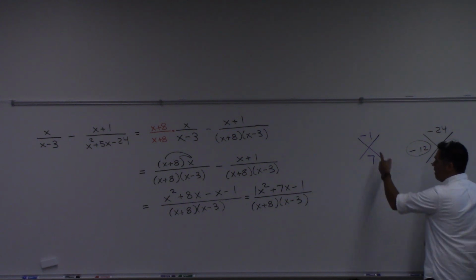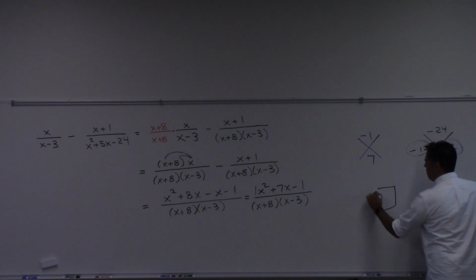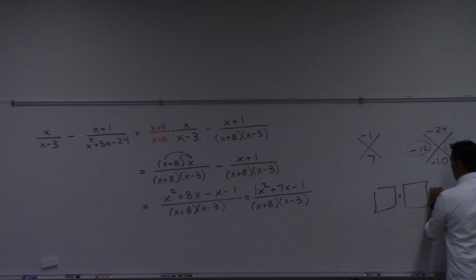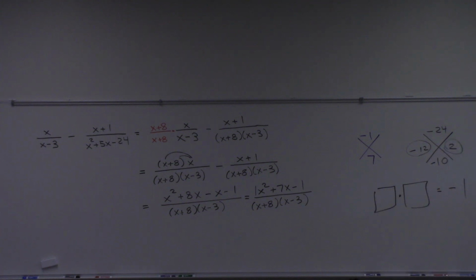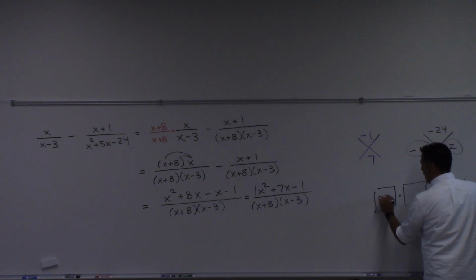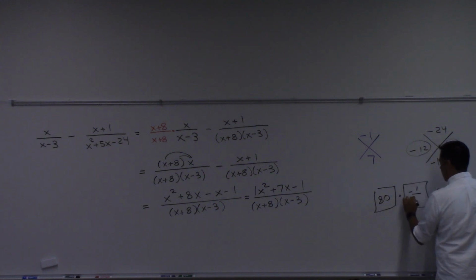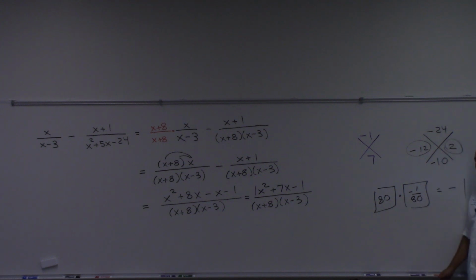Are there a lot of different ways that I can multiply two numbers together and get negative 1, if I'm looking at more than whole numbers, like fractions? Yeah, I could do 80 times negative 1 over 80, right? That would work. Multiply these two together, you get negative 1. And I could do that for any number. 40 and negative 1 over 40, yes? So be aware of the possibility that it could factor.